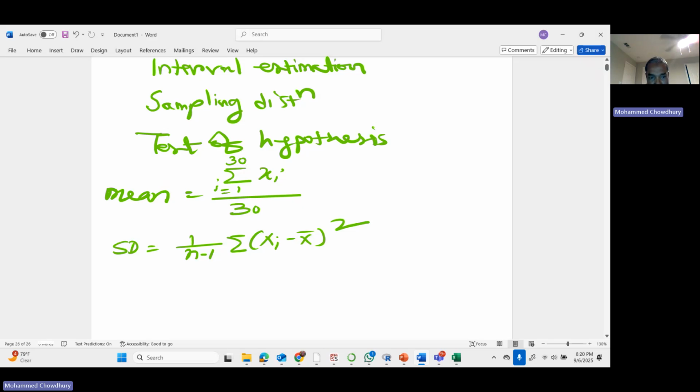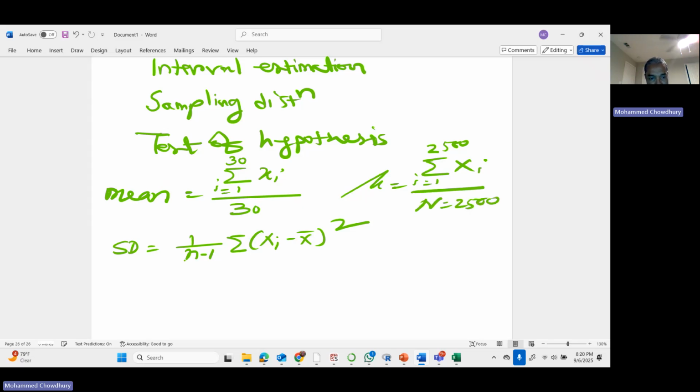So if I want to find the population mean, it will be obtained as the sum from i goes 1 to 2500 of capital Xi divided by n, which is equal to 2500.